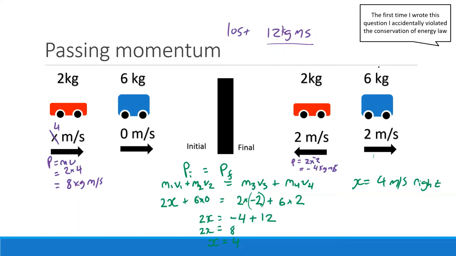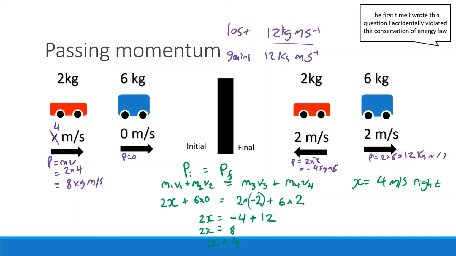Whereas this blue card started with 0 and is finishing at 2 times 6, which is 12. So the blue card gains 12 kilogram meters per second. And that's how you know that the whole thing is conserved.